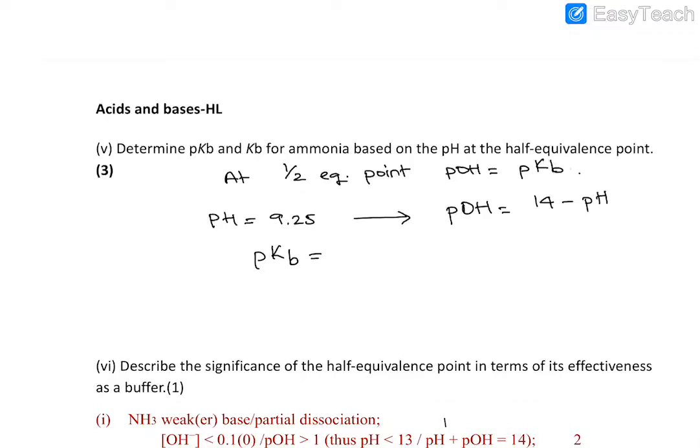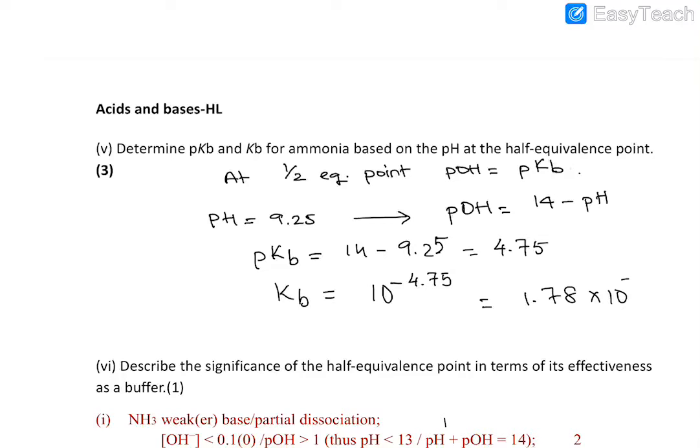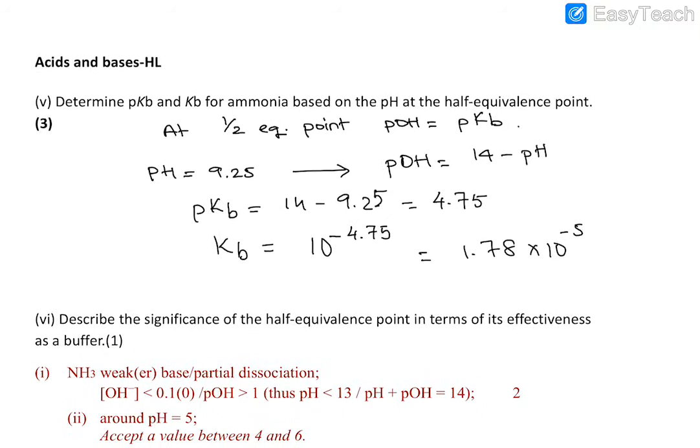So pKb value is just 14 minus 9.25, and that should give you the pKb value. From the pKb value, we can get the Kb value. You can just do 10 to the power of minus pKb. So this is the Kb value.